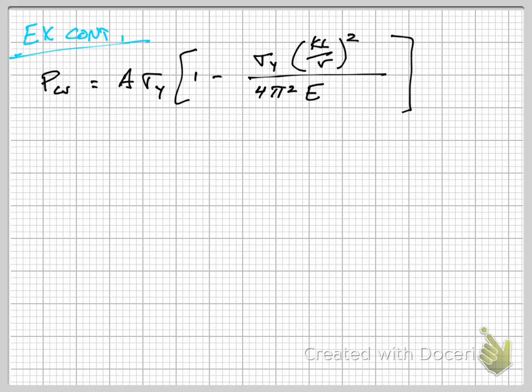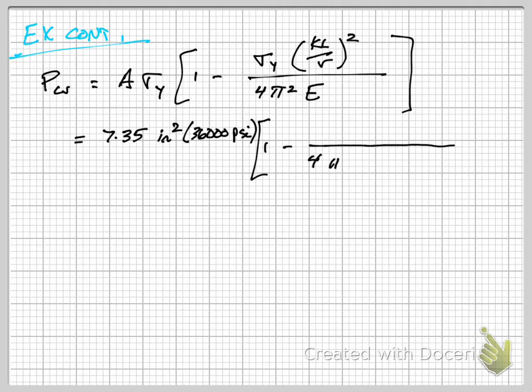I think I got that right, so let's start plugging in. We have 7.35 inches squared times 36,000 psi times 1 minus, 4 pi squared times 29,000.